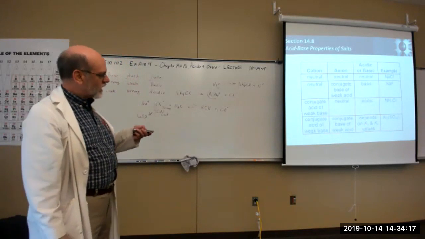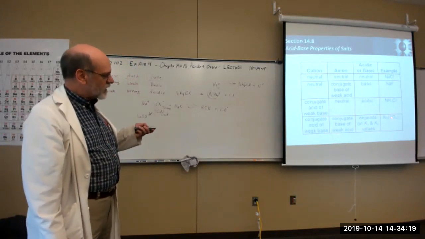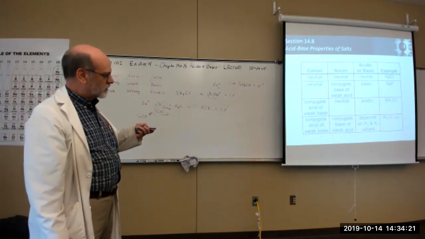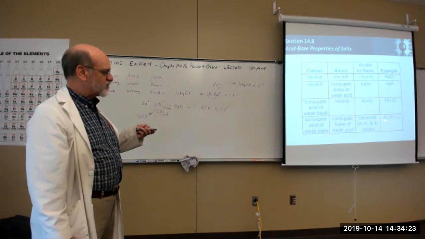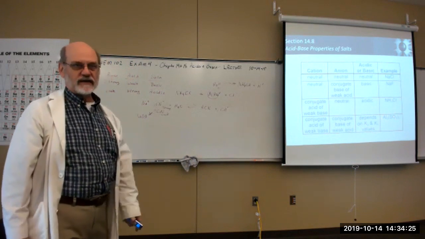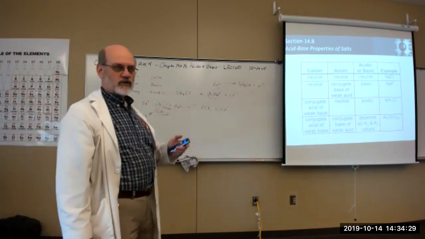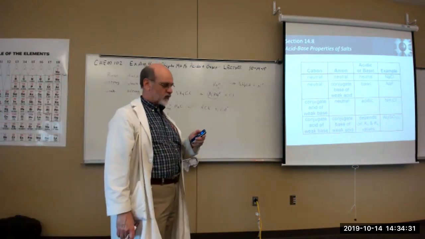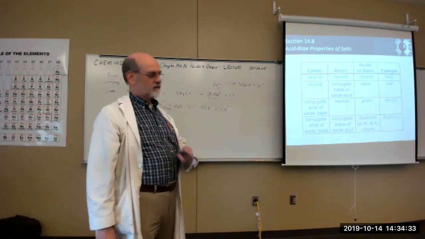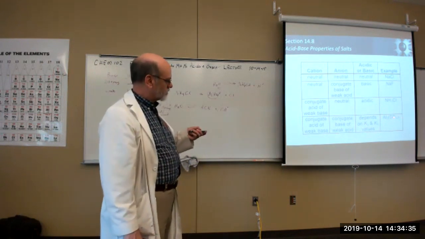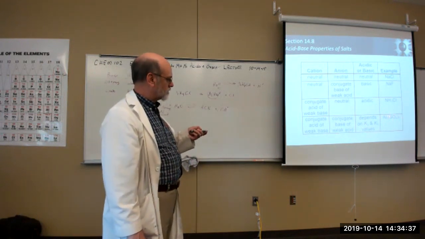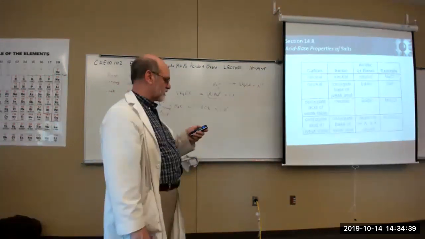So we would have to look at the Ka of sulfuric acid versus the Kb of aluminum hydroxide. The one with the larger value would tell us whether it's basic or acidic. If this were larger, it would give us a basic solution. If this one was larger, it would give us an acidic solution.